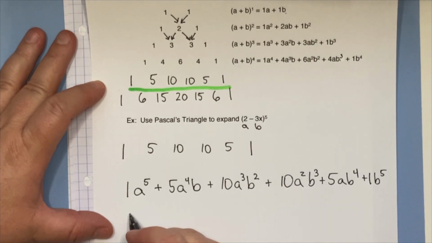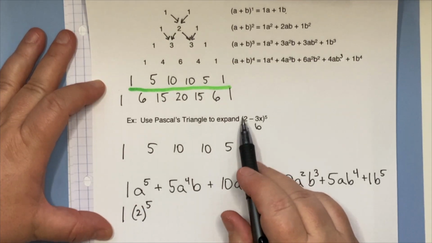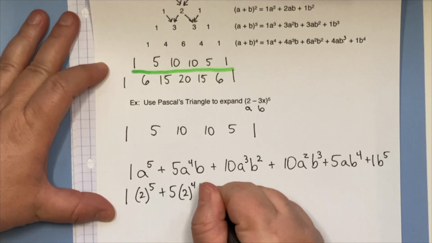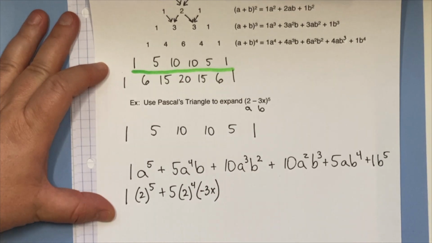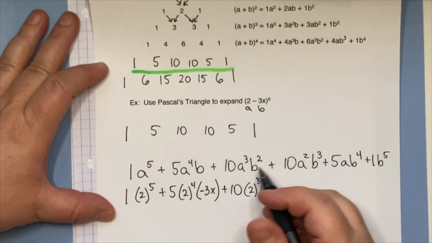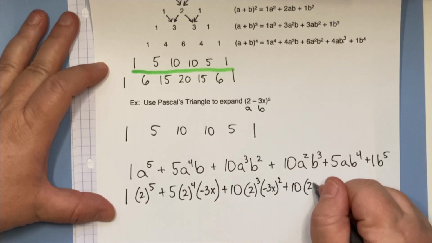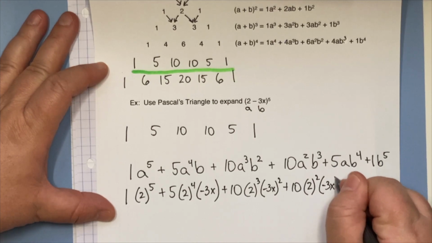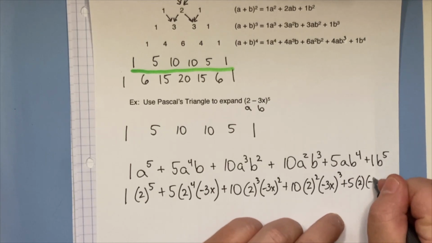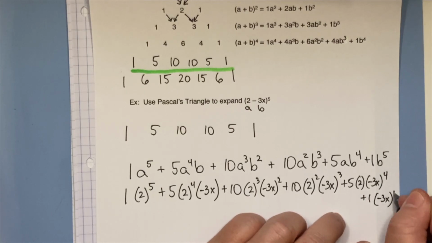Okay, so I've got 1 times 2 to the 5th because a is 2, plus 5 times 2 to the 4th times negative 3x, plus 10 times 2 cubed times negative 3x squared, plus 10 times 2 squared times negative 3x cubed, plus 5 times 2 times negative 3x to the 4th, plus 1 times negative 3x to the 5th.